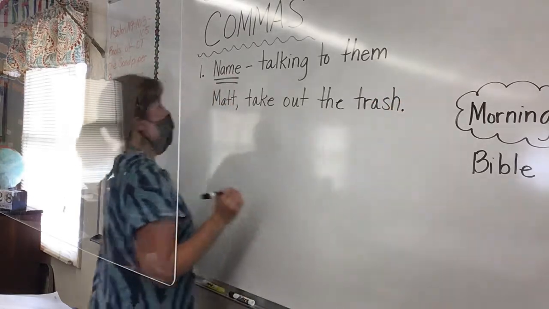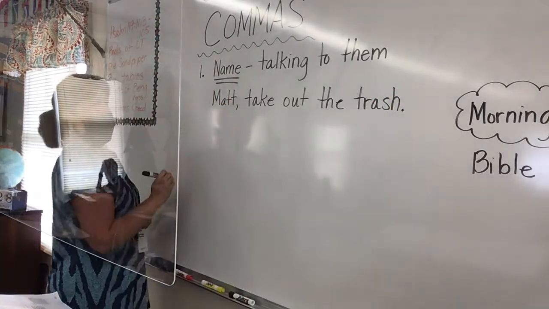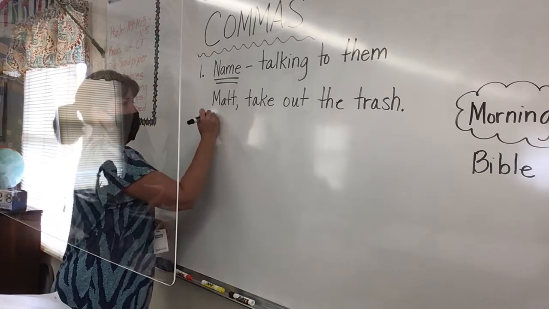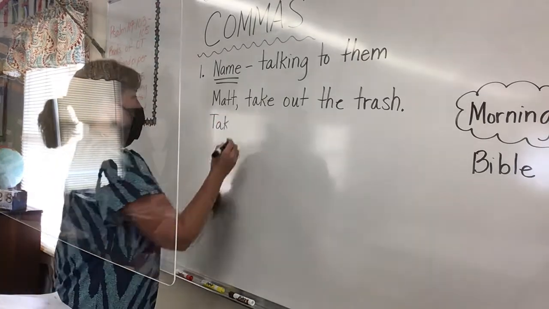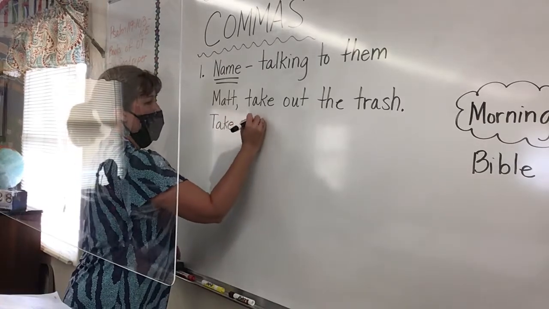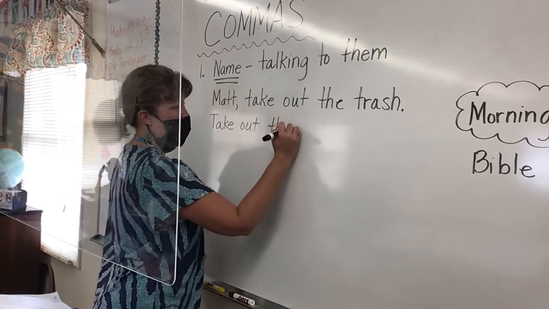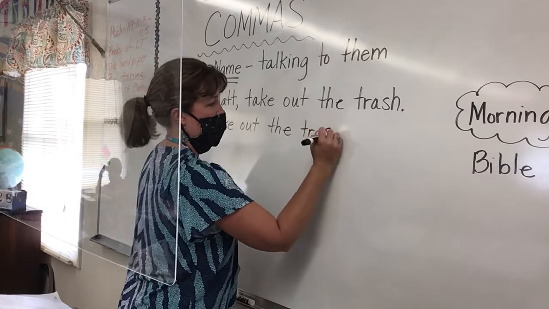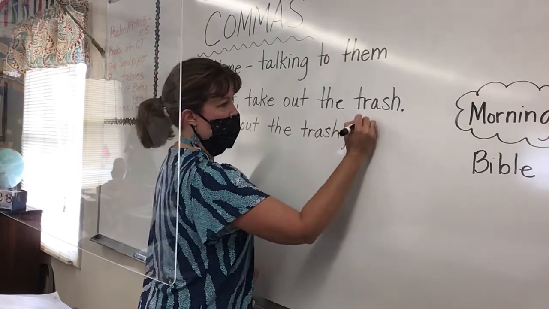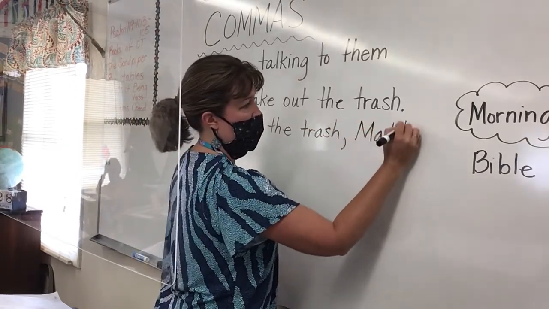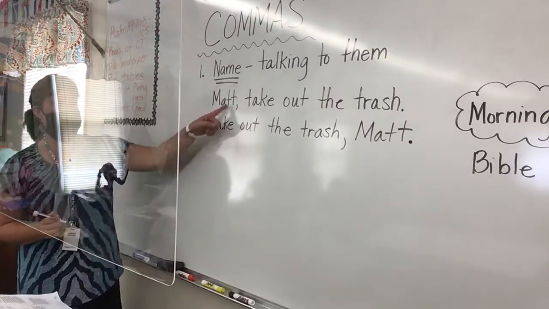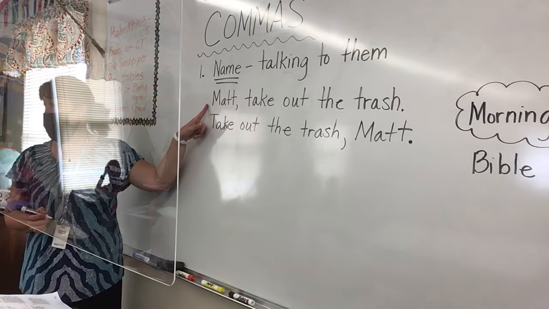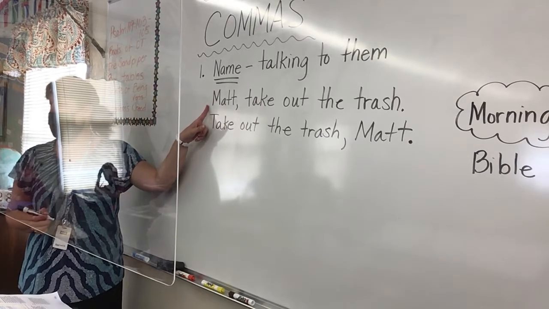Or I could say, take out the trash, Matt. Then I put a comma before his name. You can't put it after his name because there's a period. And you can't put a comma before his name in the first one because it's at the beginning of a sentence.